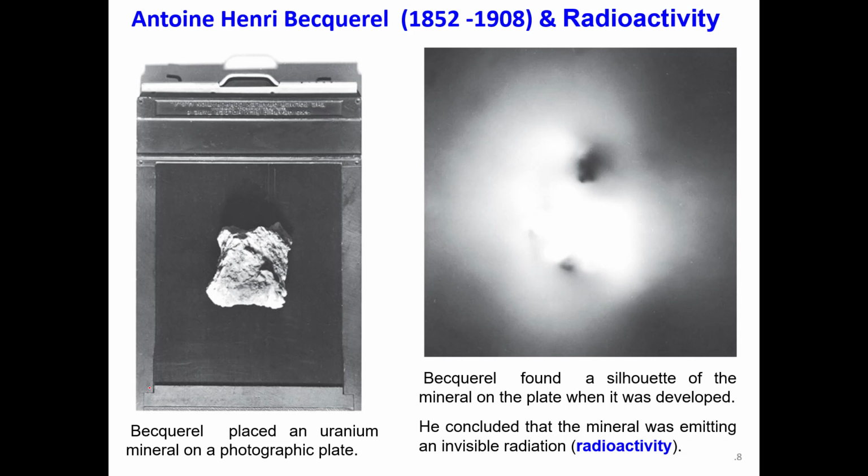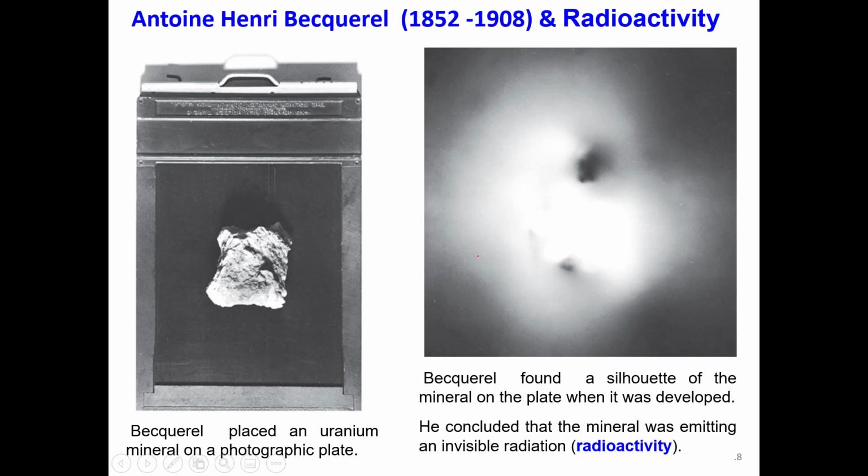Now we want to discuss the nuclear reactions. The first person that studied and discovered the nuclear reaction was Becquerel. What he did is he placed a uranium mineral on a photographic plate, like we have here in this picture. Then what he found is a silhouette of the mineral on the plate when it was developed.